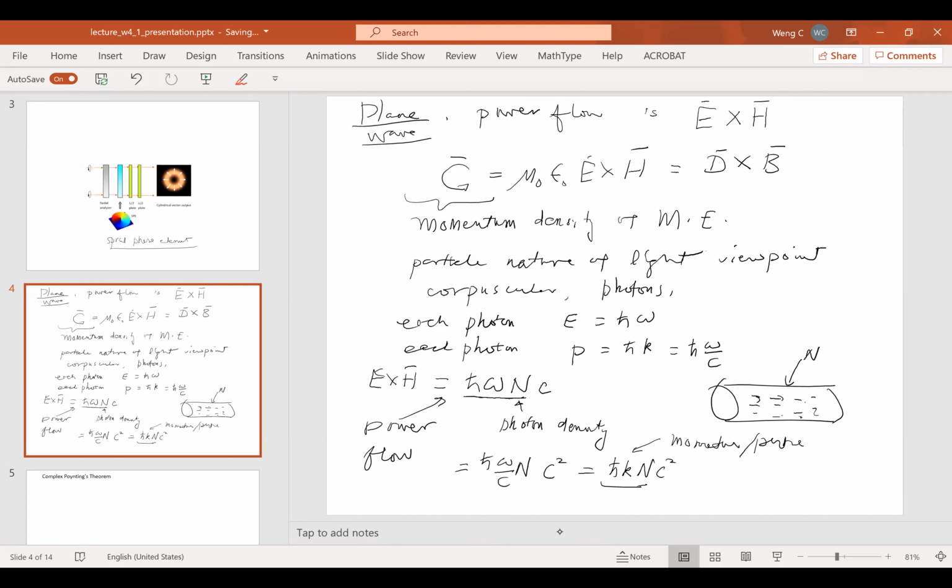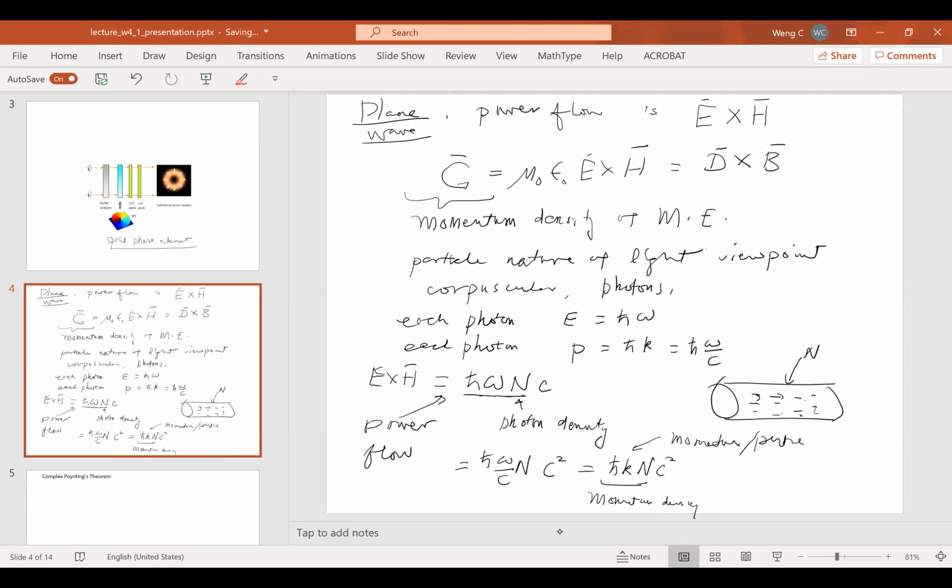So this is momentum density. So you have the general relationship that E cross H is the momentum density times c squared, okay? Which is essentially this relationship over here. E cross H is G times c squared.